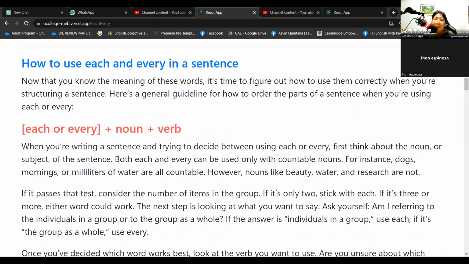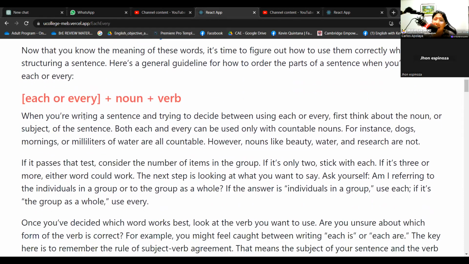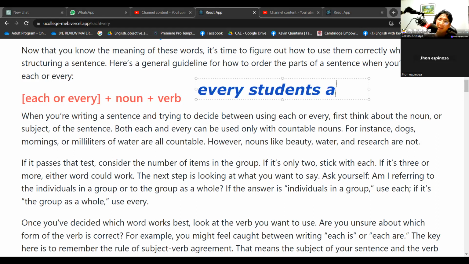How to use each and every? Very simple. Remember that after each or every, you have to write a word in singular. In singular. And the verb, of course, according to the noun. You get it? Okay. You never say, for example, every students are.